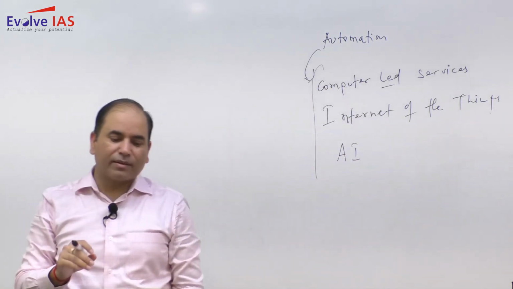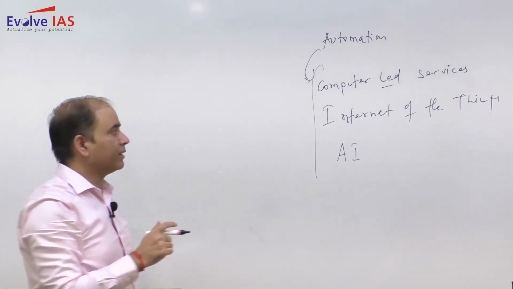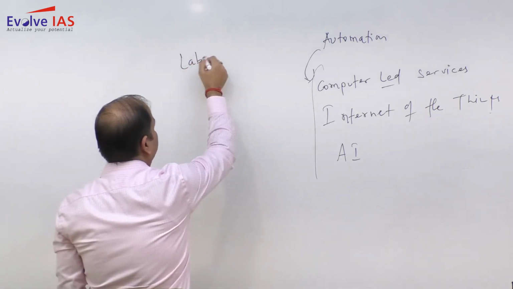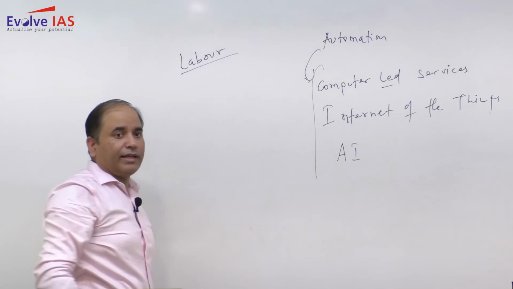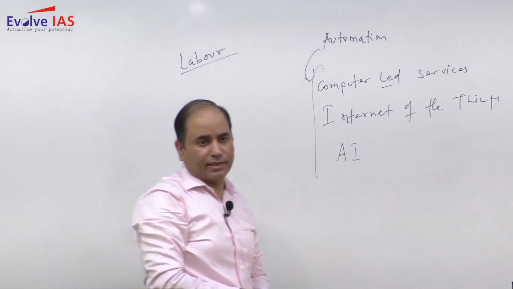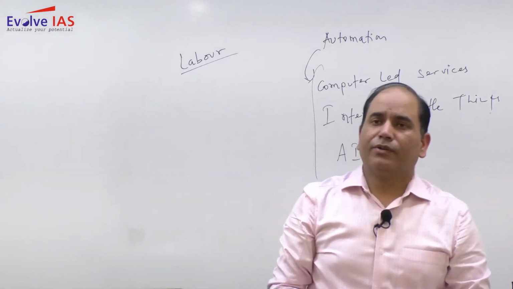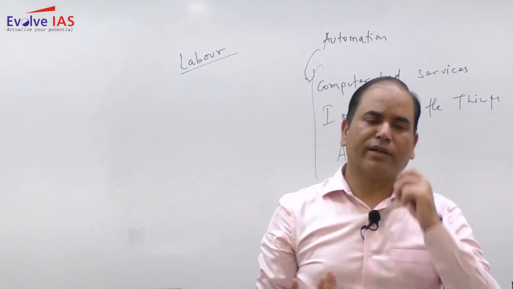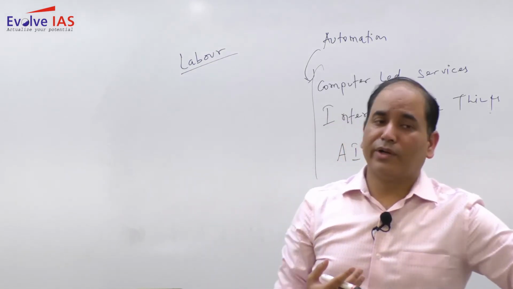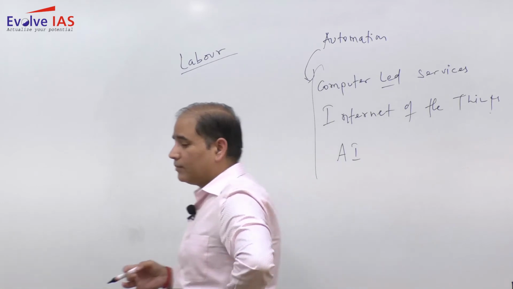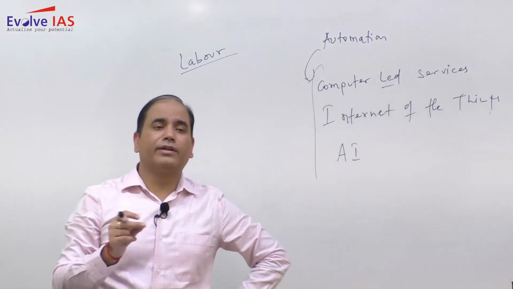So automation is rapidly changing the economies of labor. Within that backdrop you need to talk about labor. In any economic model, labor is very important, be it von Thünen or Weber. In fact, if you look at Weber's theory, first Weber talks about transportation.